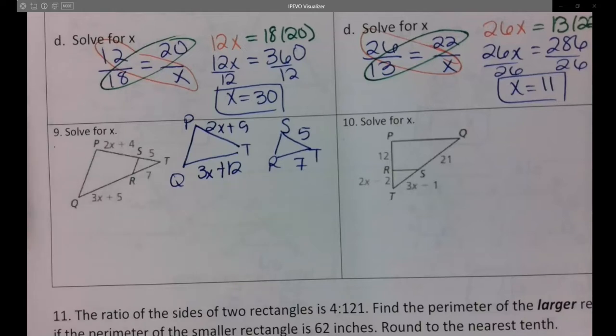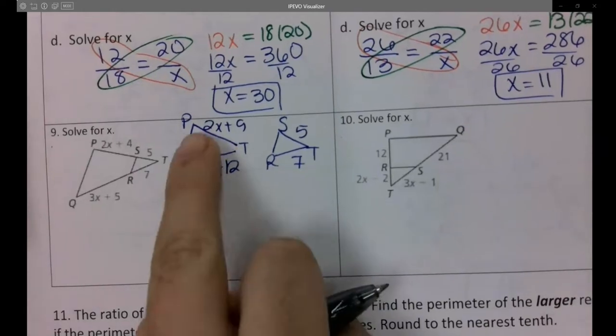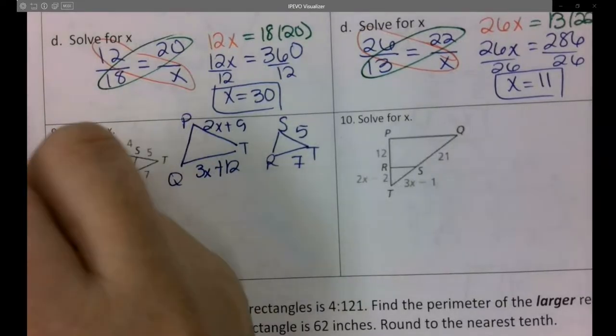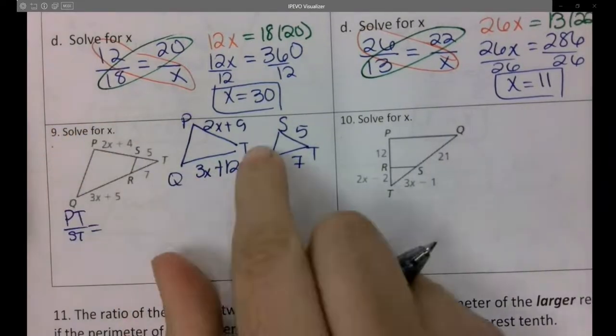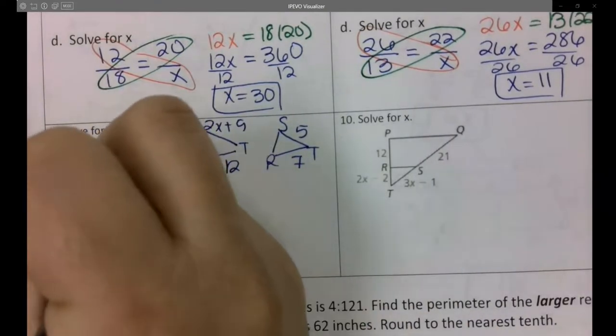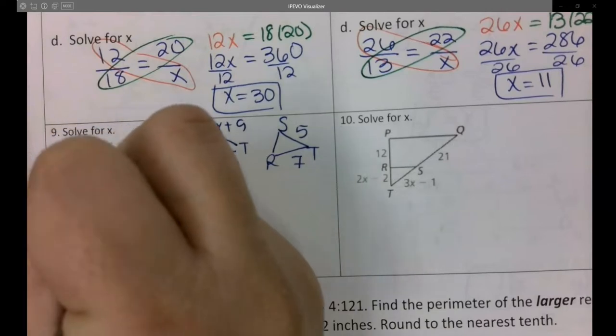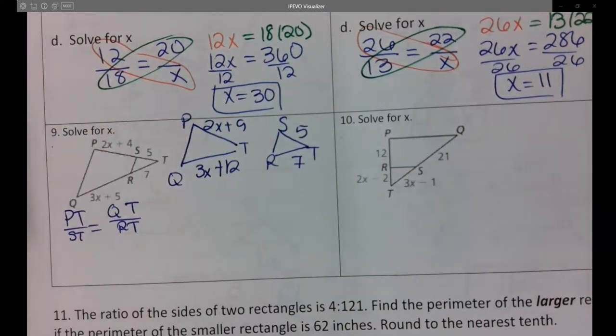Then I want to go ahead and set up my proportion. I have PT goes to ST. And then I have QT goes to RT. I want to replace those side names with these side measures.